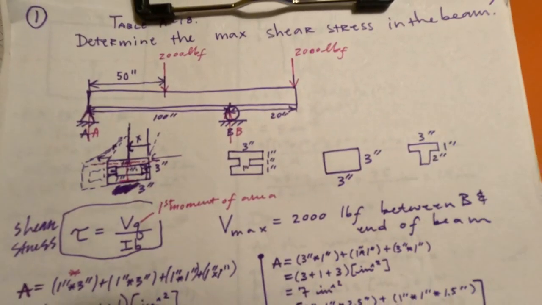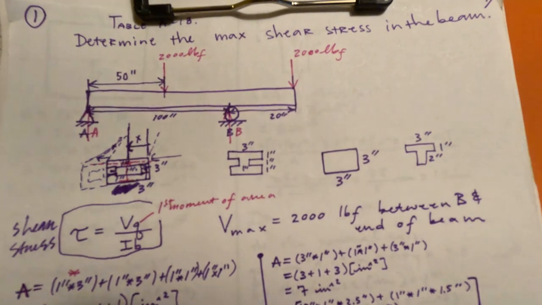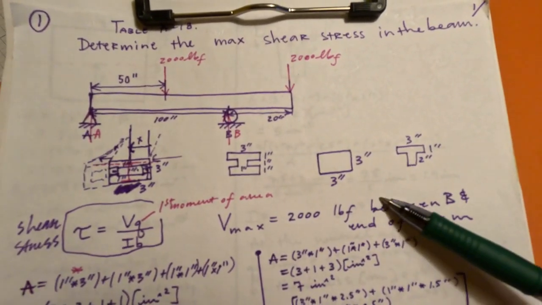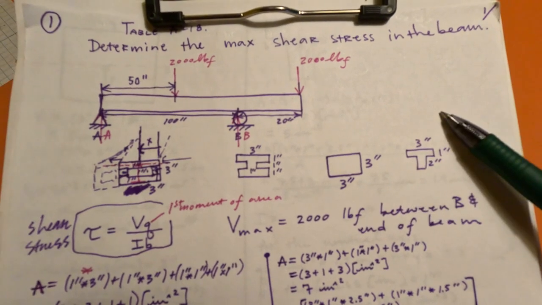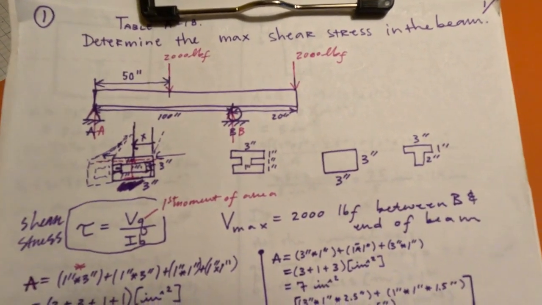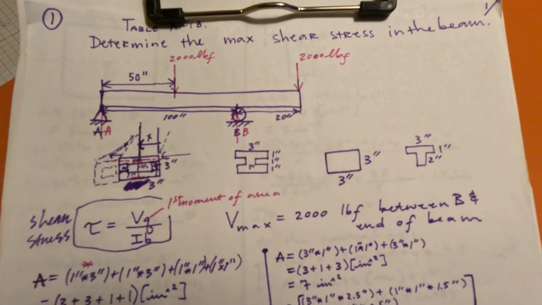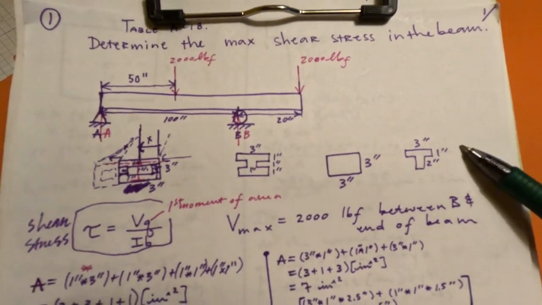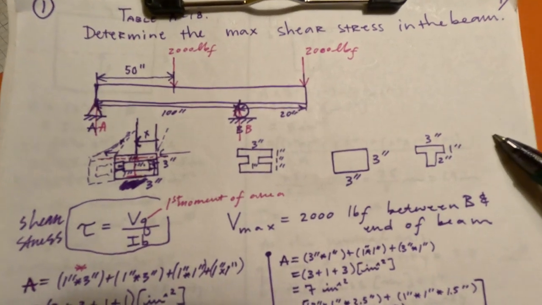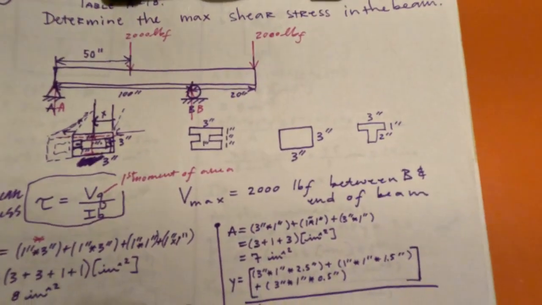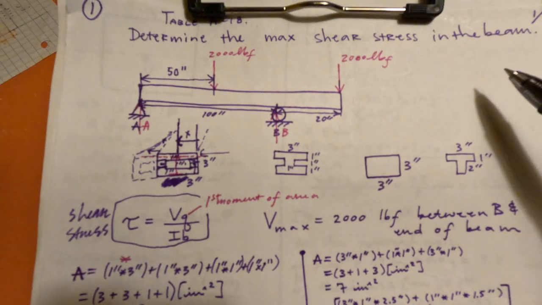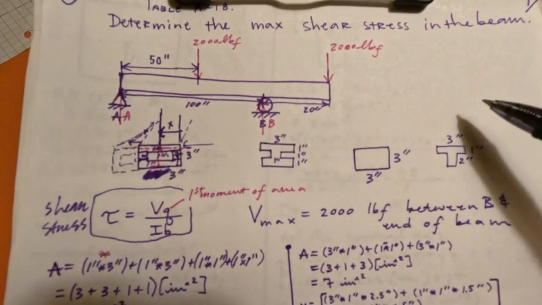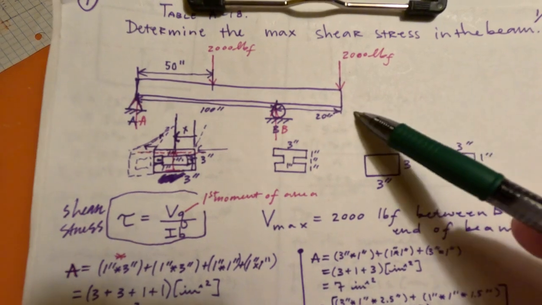So I've written out a few problems for us to start solving through, and I will have to ask you to forgive me because there's some additional notes written on here from explaining things during a study session. We're going to determine the maximum shear stress in the beam.